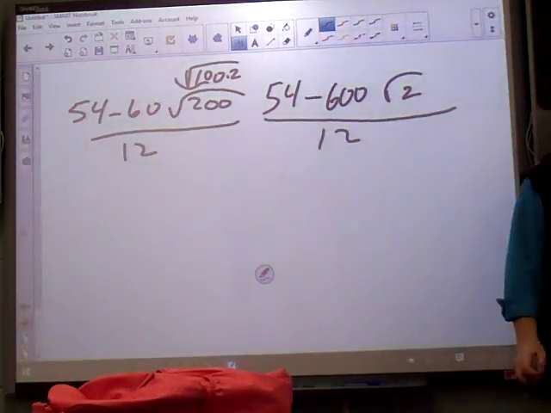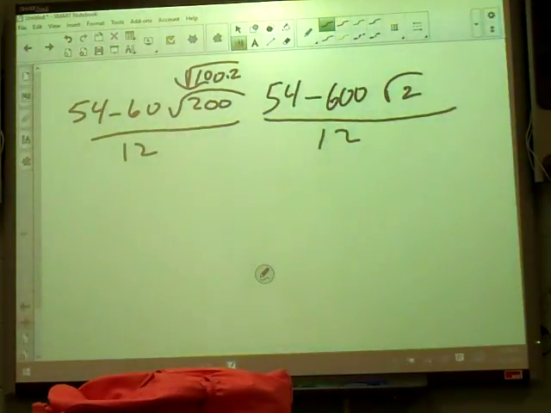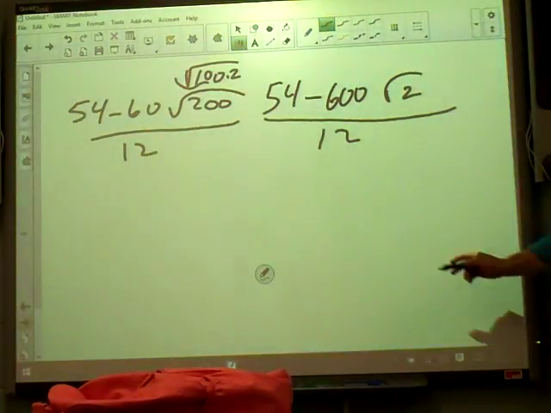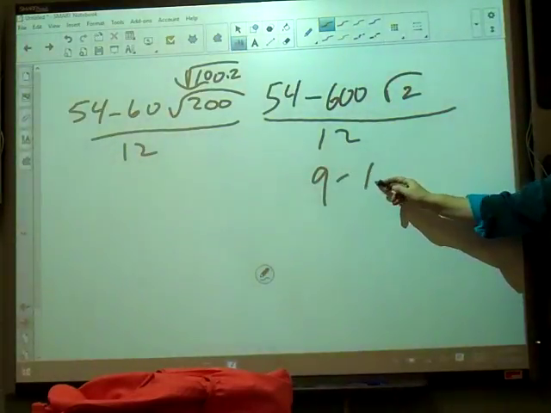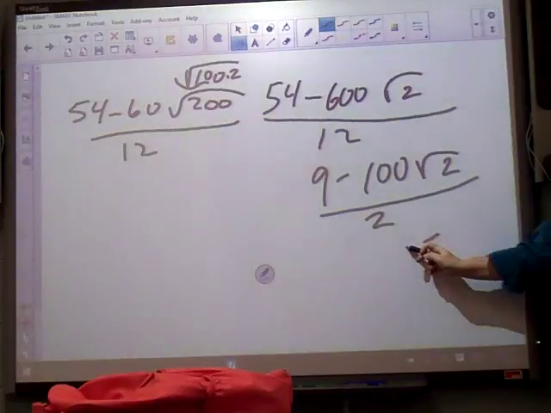Now, here's what I should have reduced first, like Michael said, because now that's harder to divide in my head. Well, not really, because 6 is the only thing they all got in common. 54, 600, 12, I'll share a 6. 54 divided by 6, 600 divided by 6, 12 divided by 6.